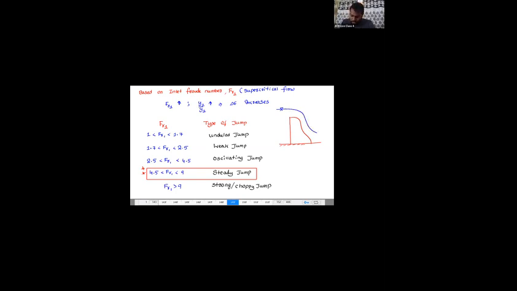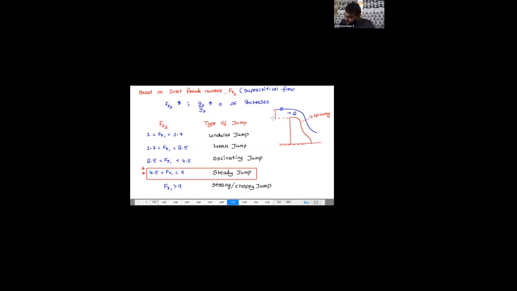Whatever discharge is passing over here, let's take it as Q. And how do we find out how much discharge is coming over the spillway? This is nothing but a spillway.